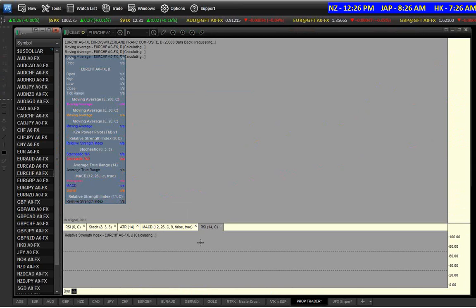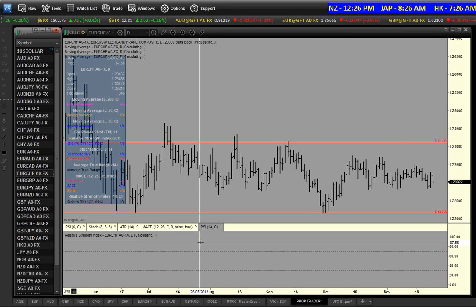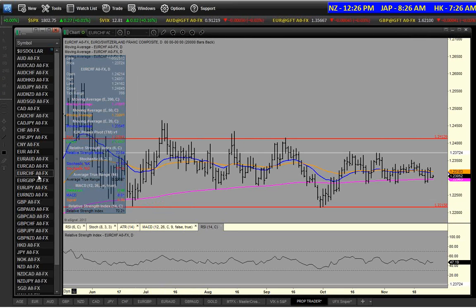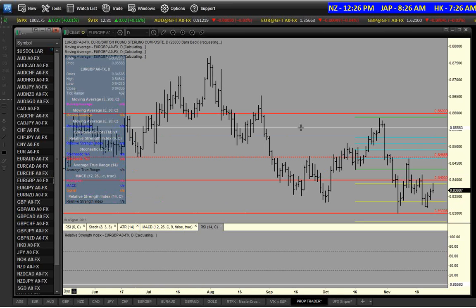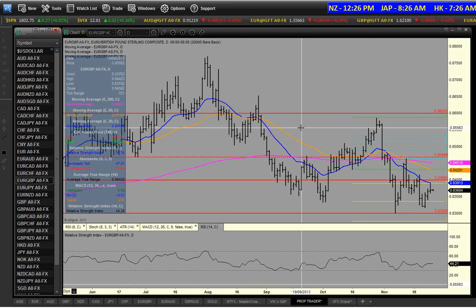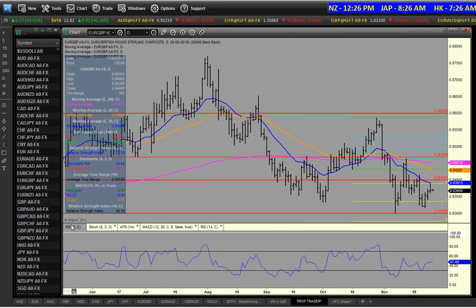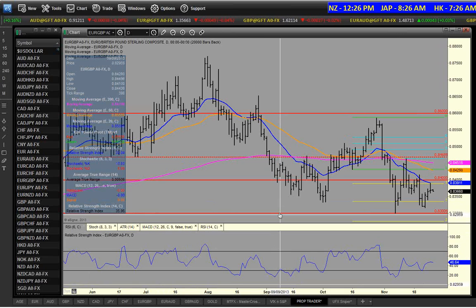Euro Swiss, how's this one looking? I haven't looked at this for a while. Yes. Euro pound, nasty crap. Look, you'd have to be on the sell side if you're wanting to take this, but it's also in quite a large support.